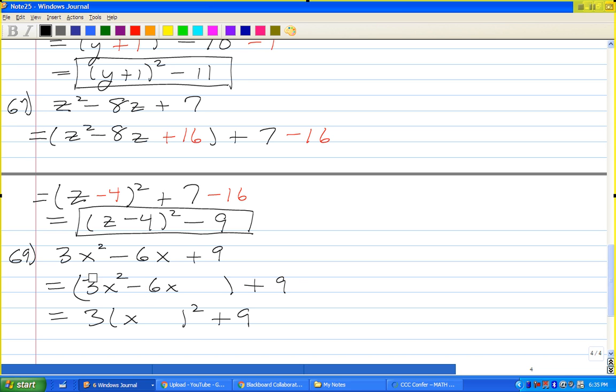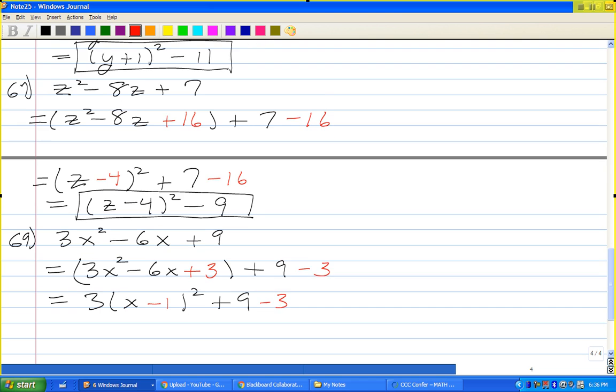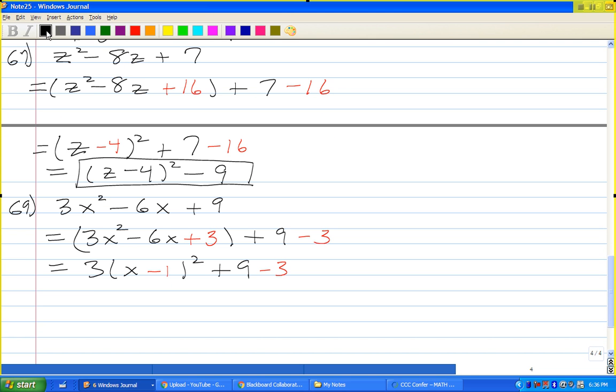So negative 6 divided by 6 is a negative 1. Negative 1 squared is 1, times 3 is 3. And so I'll add and subtract 3. And so I get 3 times x minus 1 squared plus 6. And I have completed the square.